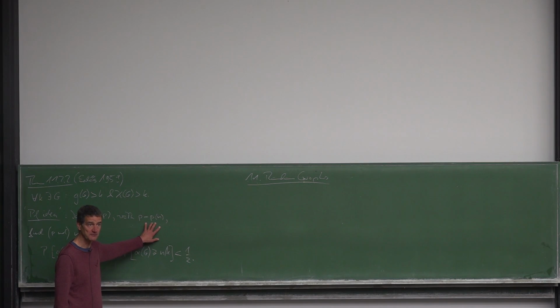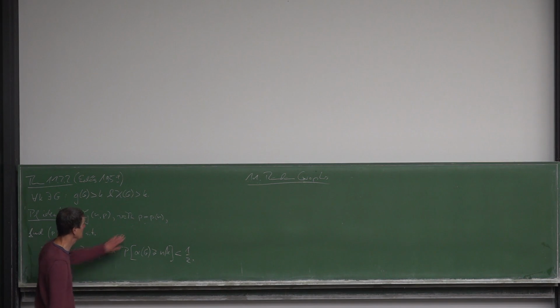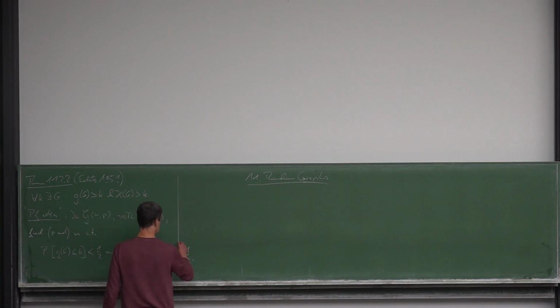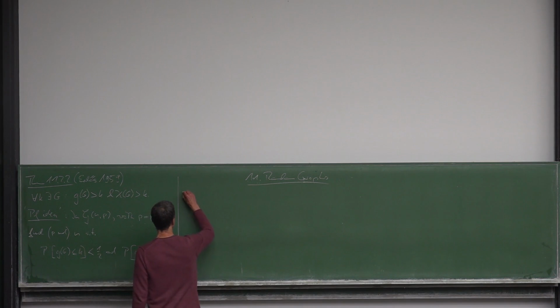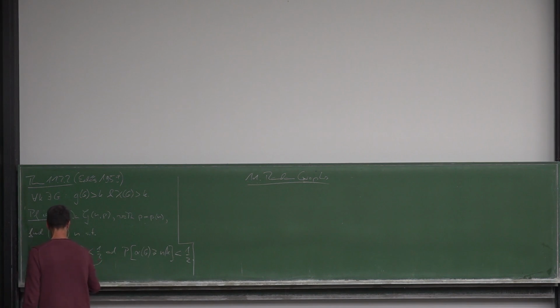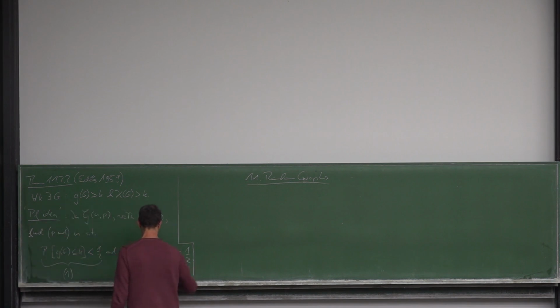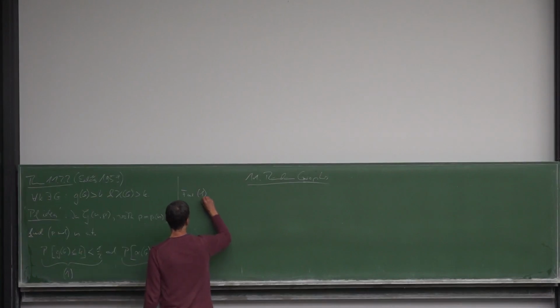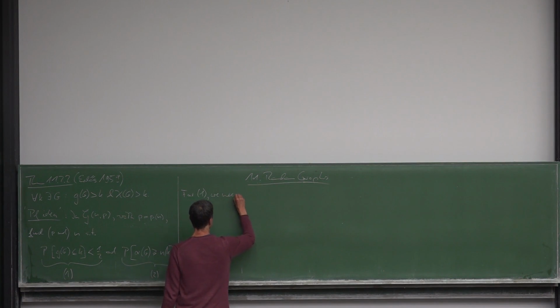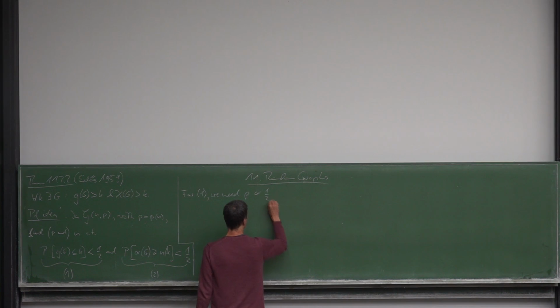Right, one can prove, and we'll prove that next lecture, that for one, we need p to be less than 1 over n.